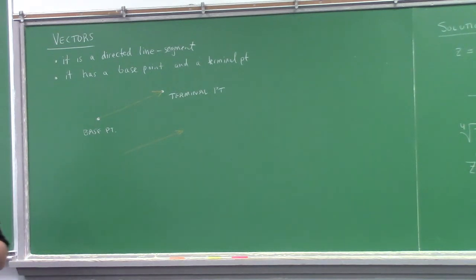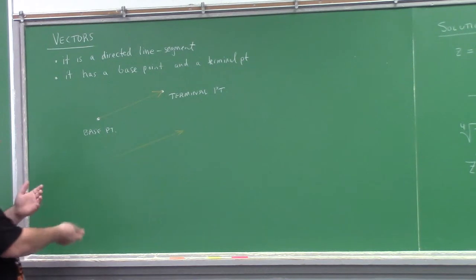So-called parallel transport. And as vectors are used in physics, a lot of times we allow ourselves to move the vector around. So if you allow yourself to move the vector around, you're not really attaching the vector to a base point, let's say. So that's just something to keep in mind as people use vectors.